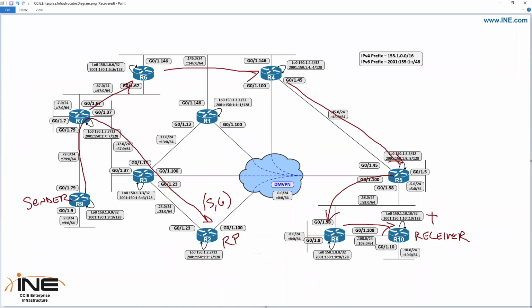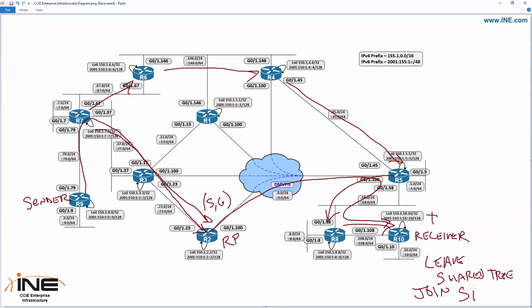Okay, so what this means is that when the receiver gets the traffic in from the rendezvous point, so we're going to go to the rendezvous point first, and then the rendezvous point is going to forward towards the receiver, it is going to leave the shared tree and it's going to join the shortest path tree. Okay, so from its point of view, the shortest path tree to router 9 is going to be a different path.